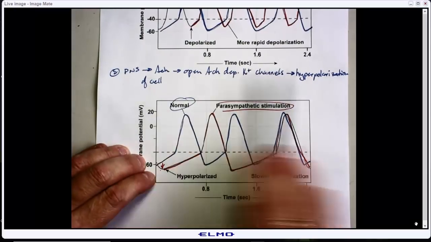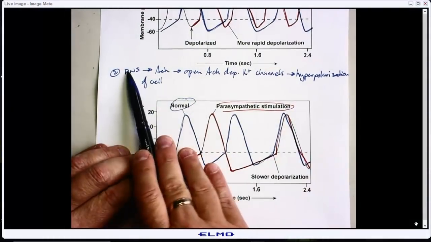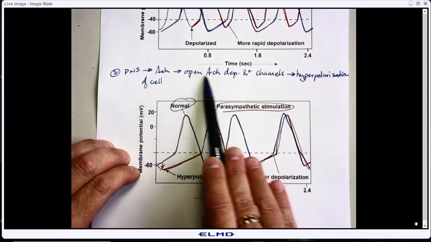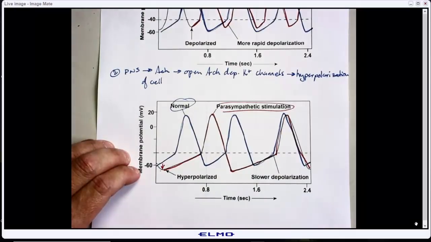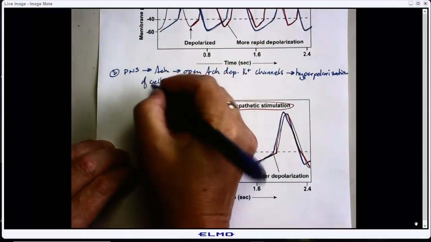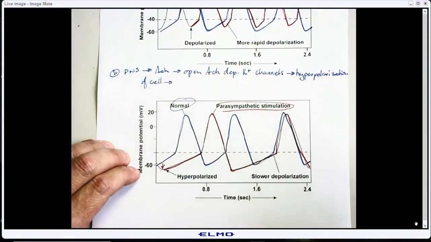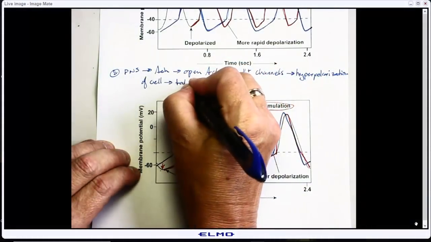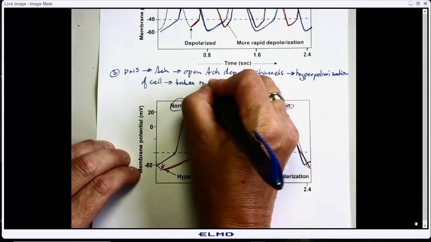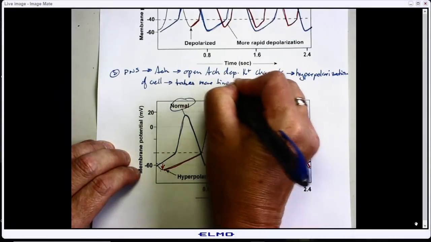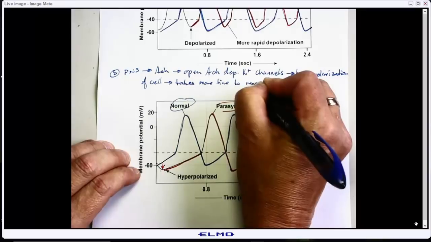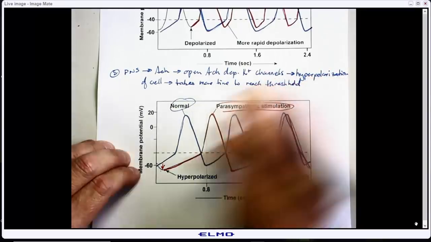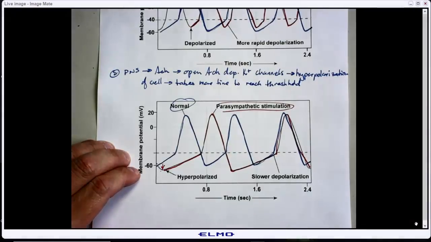Okay? So let's finish this thought up here. Parasympathetic nervous system releases acetylcholine, opens acetylcholine-dependent potassium channels, hyperpolarizes the cell. Let's write it in words. So we take more time to reach threshold.